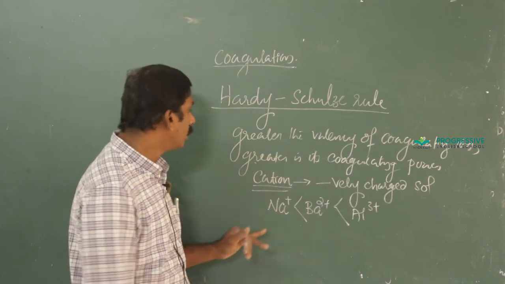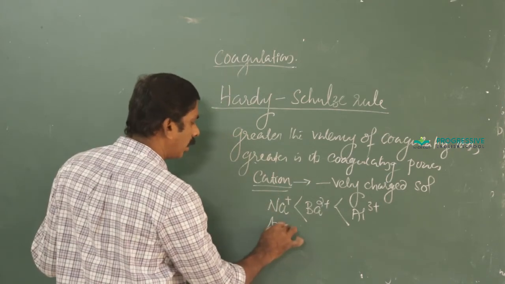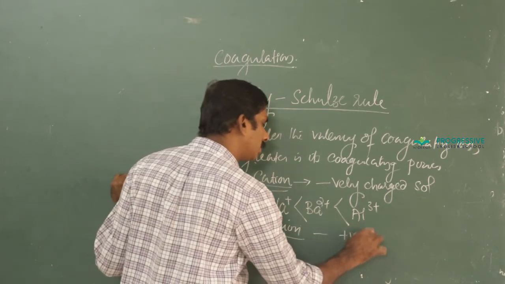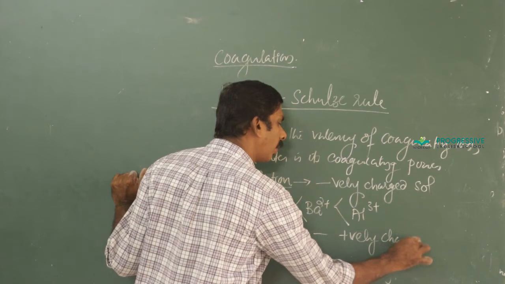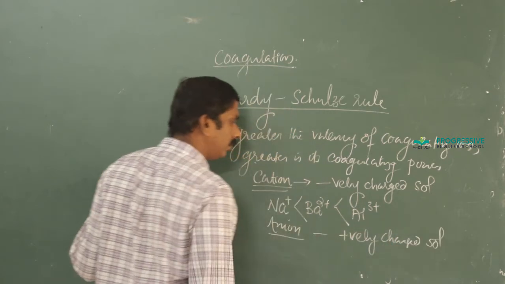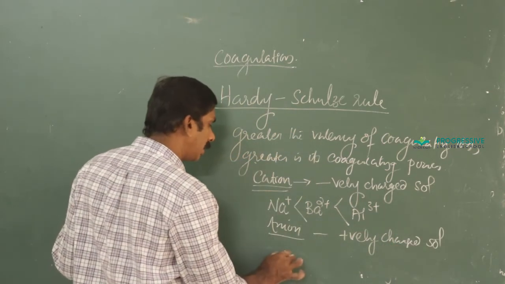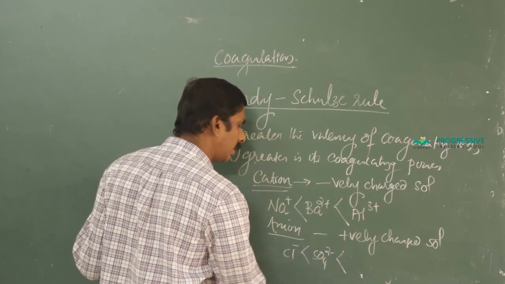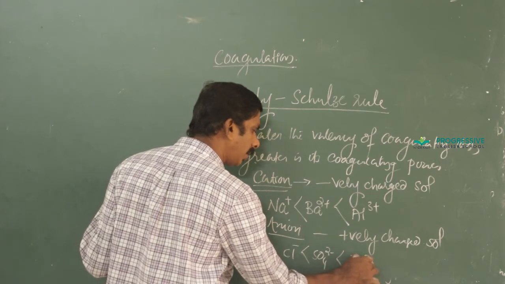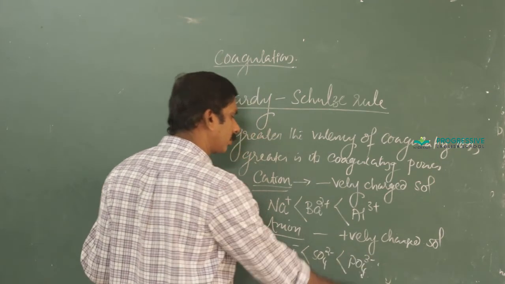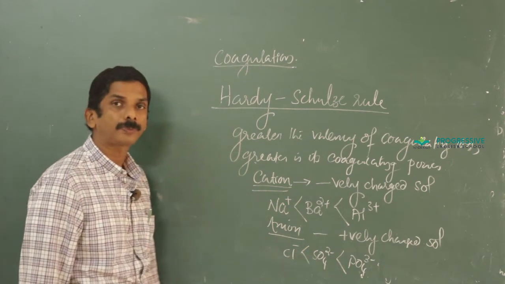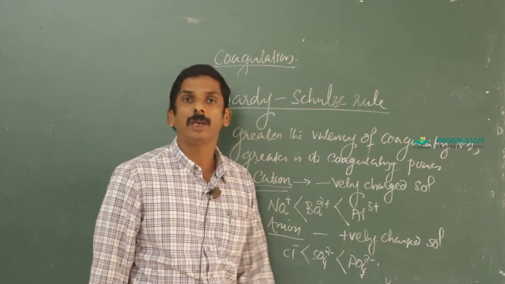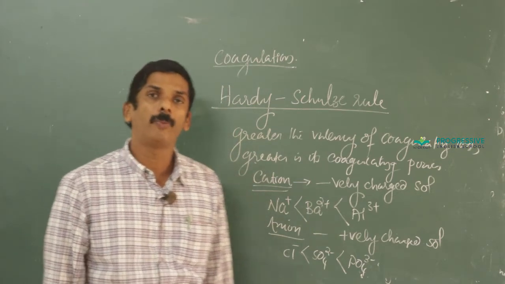Similarly, the coagulating power of anions to coagulate positively charged sol increases in the order Cl-, SO4 2-, PO4 3-, etc. That is, greater the valency, greater is its coagulating power.